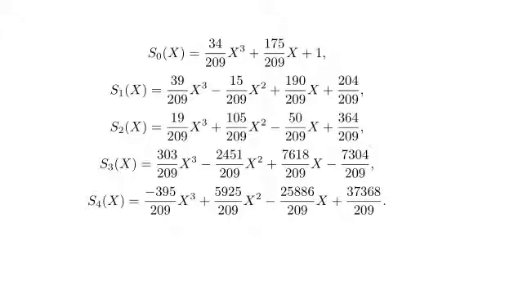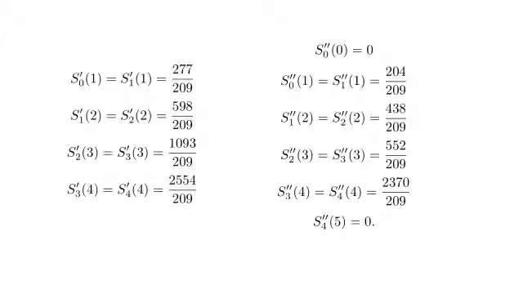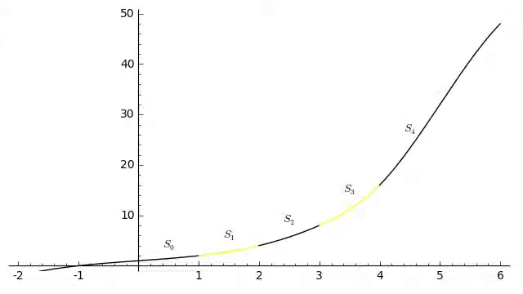So I've calculated all of the functions S0 to S4. I've checked they all work. These are the values of the derivatives at the ends of each segment and the second derivatives, and you can see that they all equal the right things here. Now I've drawn a few graphs.